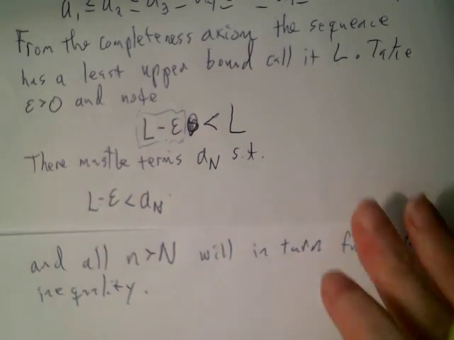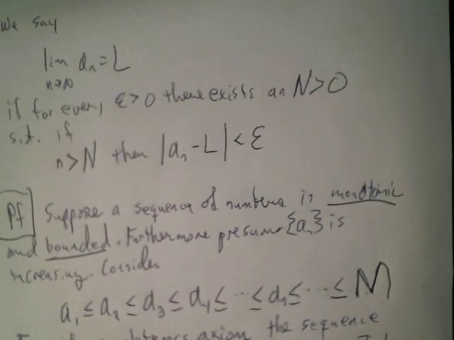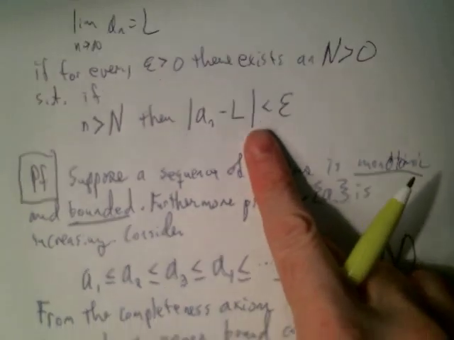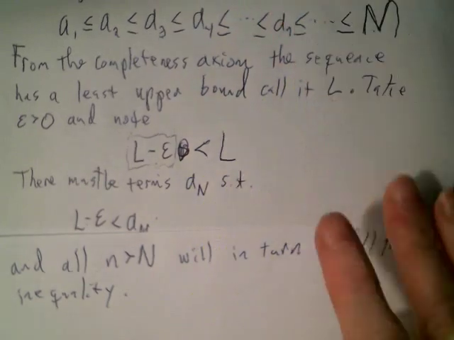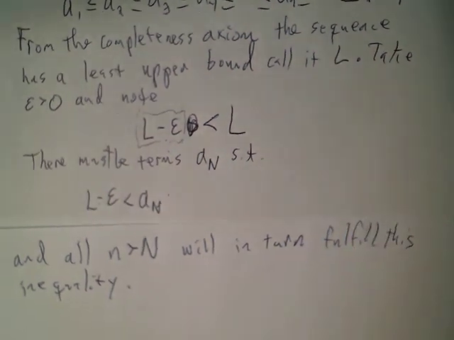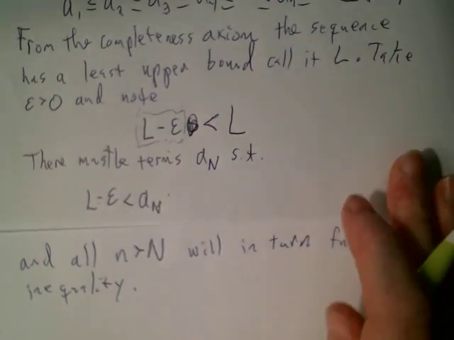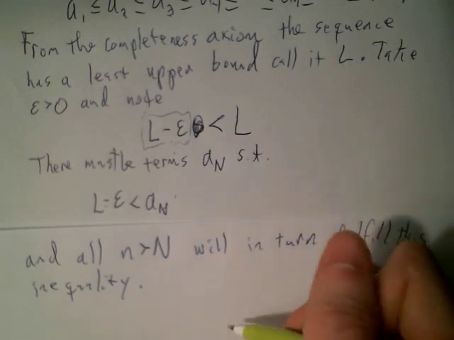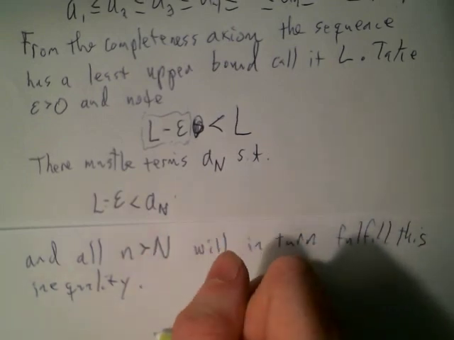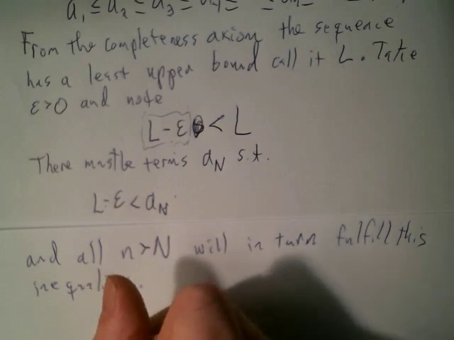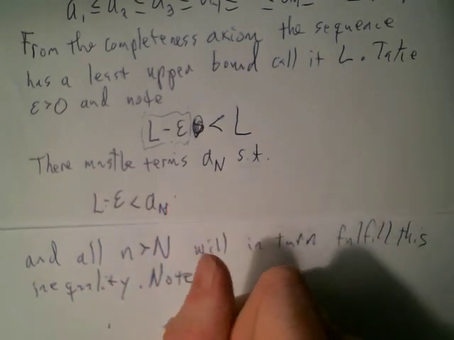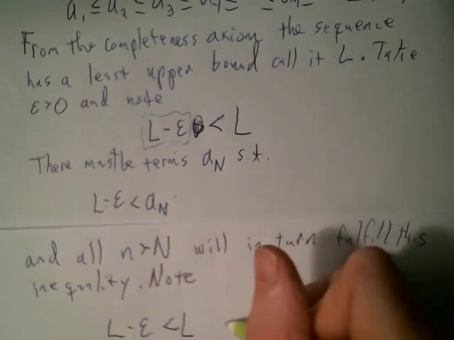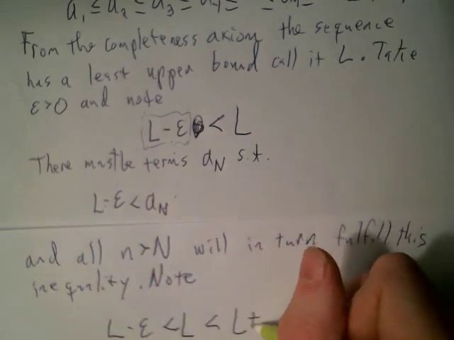And kind of what we're doing is building this strict definition. Right? So it's all there, you just kind of have to piece it together. We note that L is in between L minus epsilon and L plus epsilon.